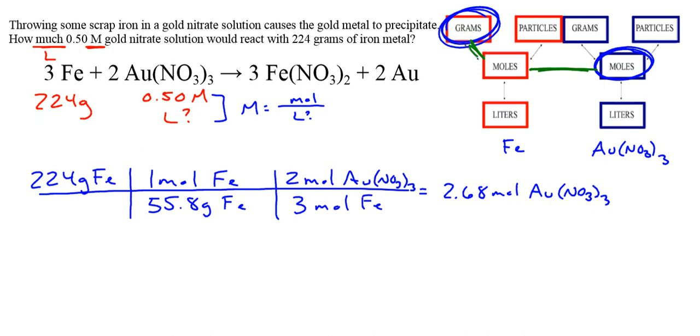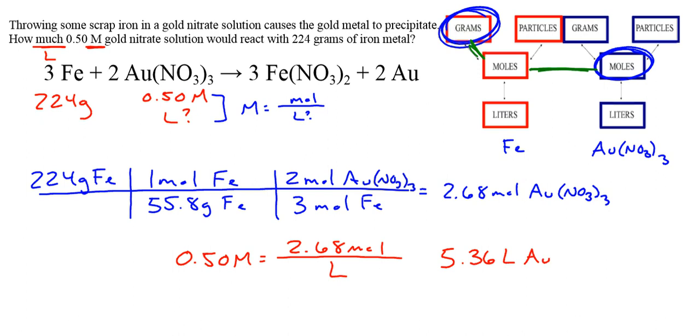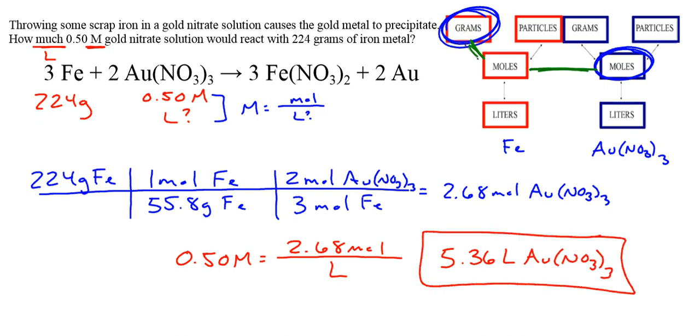And I could just start down below and say, okay, if I have 0.5 molar, this is how many moles I have of my gold nitrate, and now I want to find liters. We could plug it in like that as well. Regardless, when I'm all said and done, I'd have 5.36 liters of gold nitrate needed to react with the 224 grams of iron.